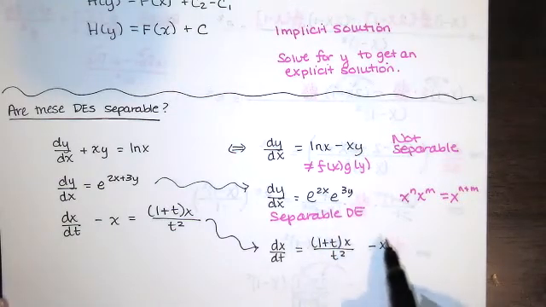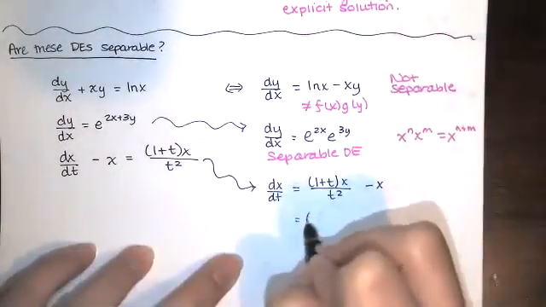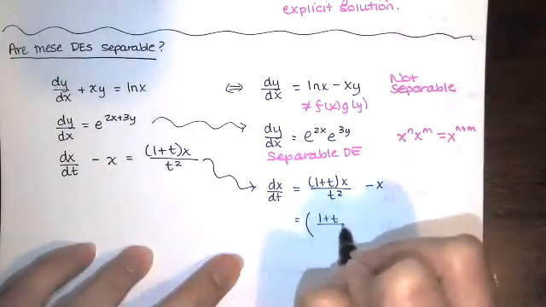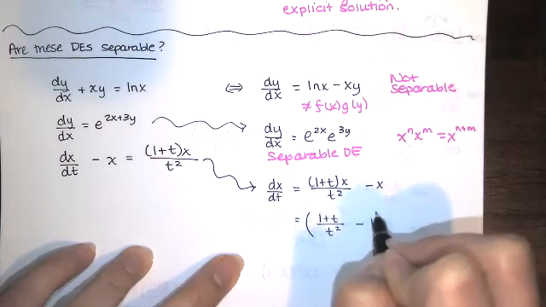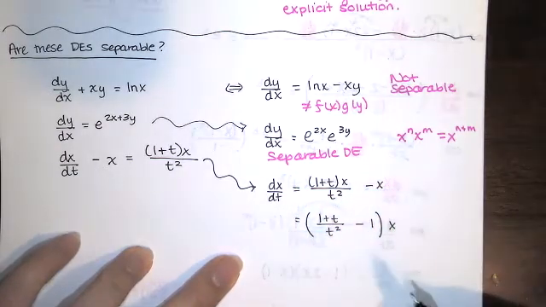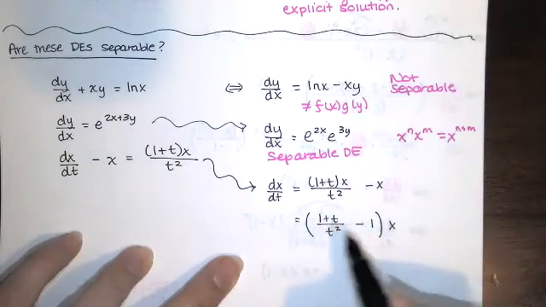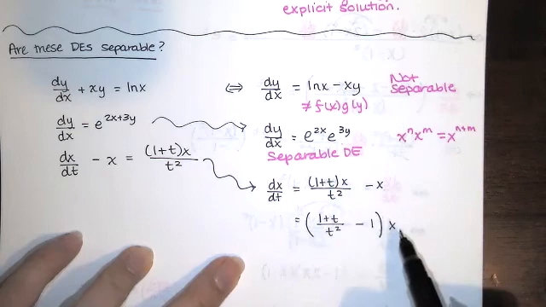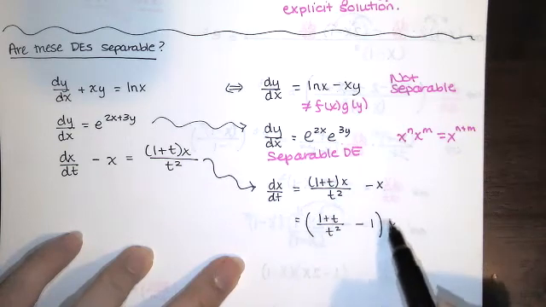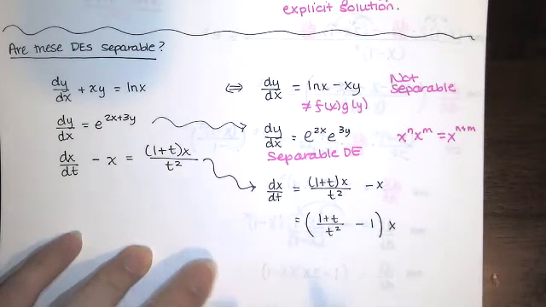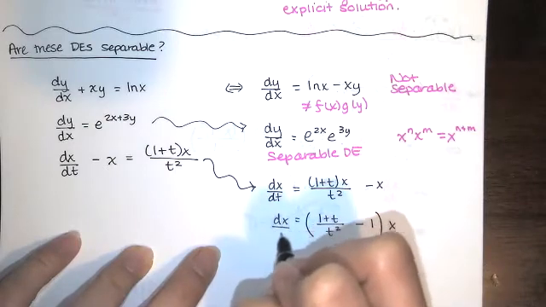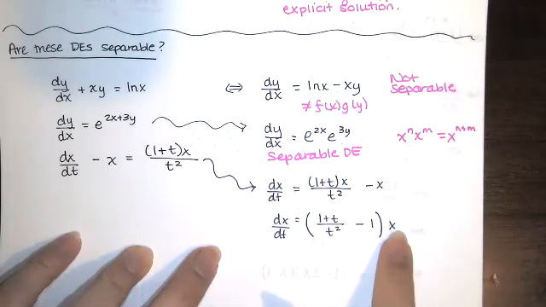Look, I've got an x here and an x there. So I can think of that as (1 plus t over t squared minus 1) times x. Distribute, and you'll see you get the same thing. This fraction times x gives me this, because that's an x over 1, remember? And x times negative 1 gives me that. So I've got a function of x times a function of t. Yeah, that's separable.